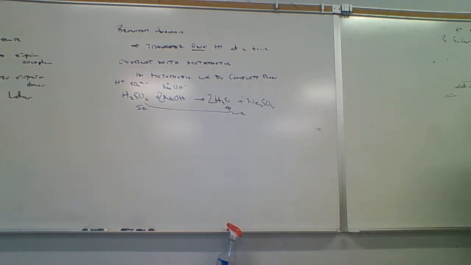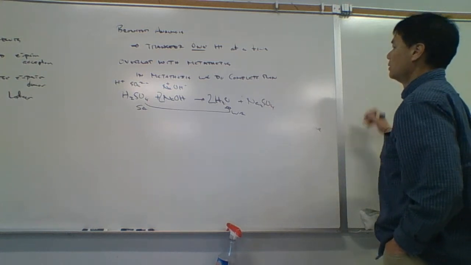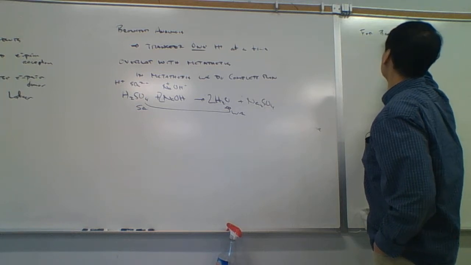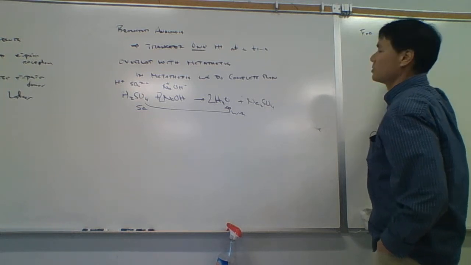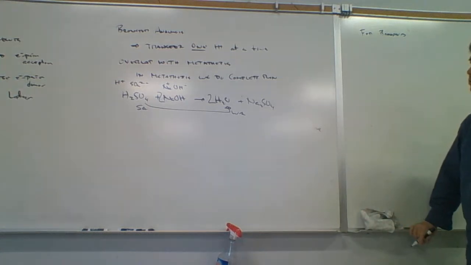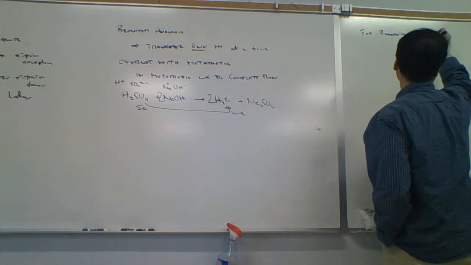In Bronsted, we treat this as a two-step process. So for Bronsted, we only transfer one. In this case, how many H pluses were transferred altogether? All two of them. For Bronsted, one step at a time.